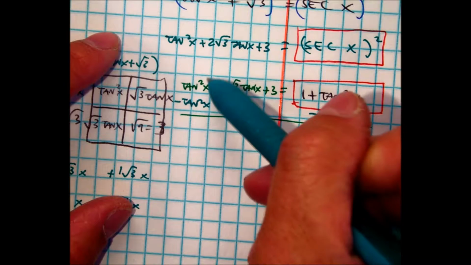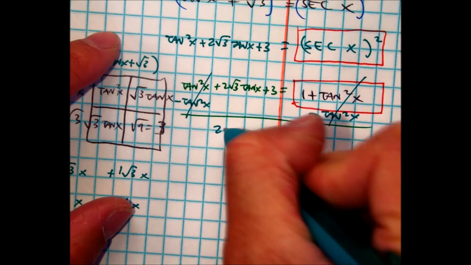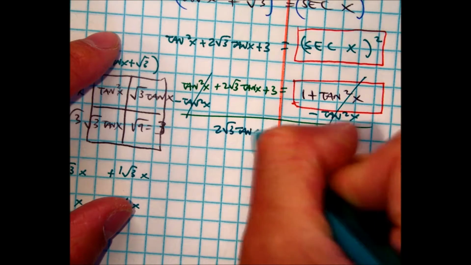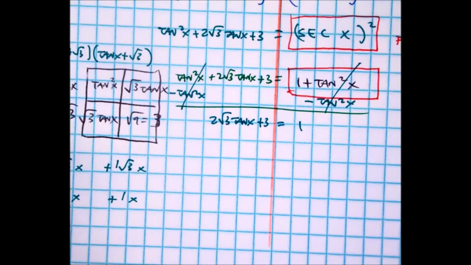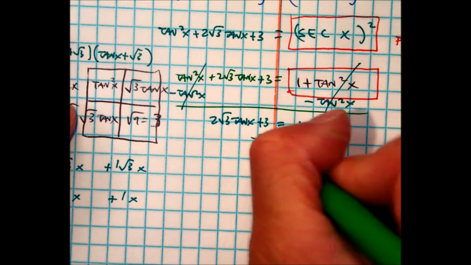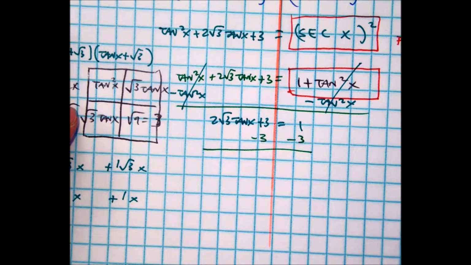These will cancel. We're left with 2 radical 3 tangent x plus 3 equals 1. What should we do next? We'll just subtract the 3. What are we left with? -2.